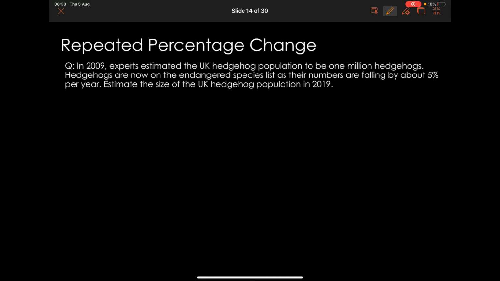Right, let's have a look at another example then now. So in 2009, experts estimated that the UK hedgehog population to be 1 million hedgehogs. Hedgehogs are now on the endangered species list as their numbers are falling by about 5% per year. Estimate the size of the UK hedgehog population in 2019.